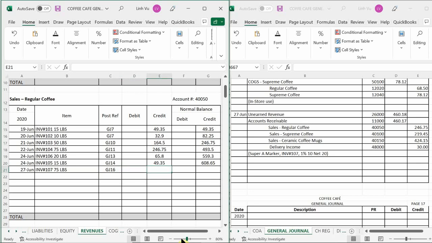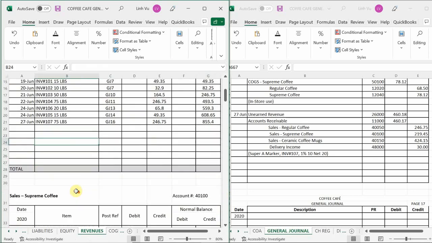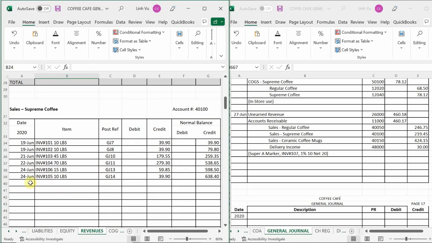For 246.75. Right. For a total of $855.40. Okay, and then sales supreme is for 70 pounds.